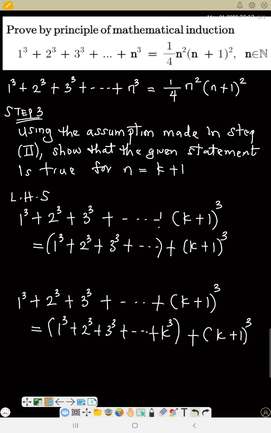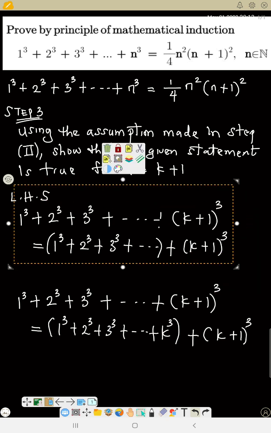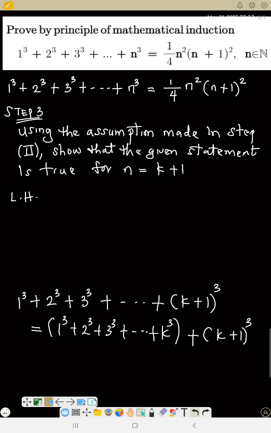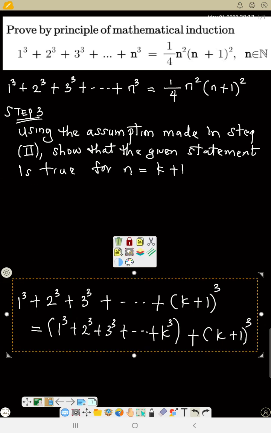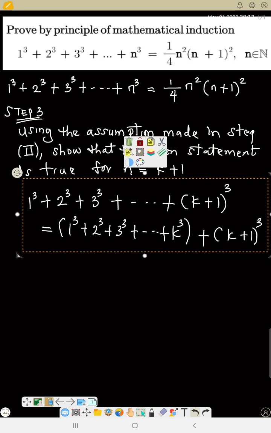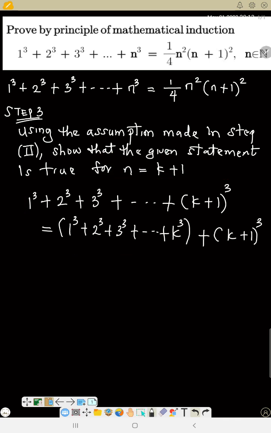So next step: everything inside this bracket is like what you have in the assumption, and the result is 1 over 4 n square into n plus 1 square.